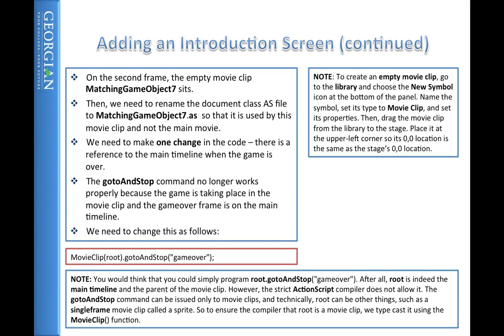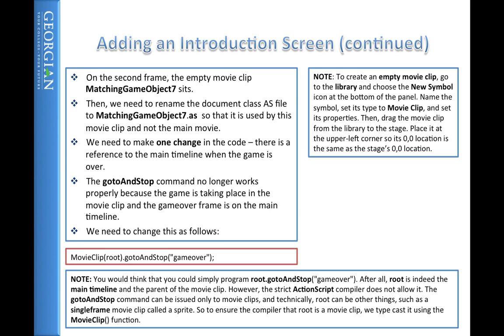Then we need to create a go to and stop command. There's a reference to the main timeline when the game is over. The go to and stop command no longer works because the game is taking place in the movie clip and not on the main timeline. So this is where we have to reference the parent.